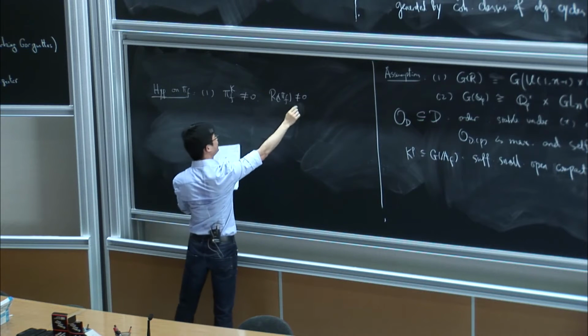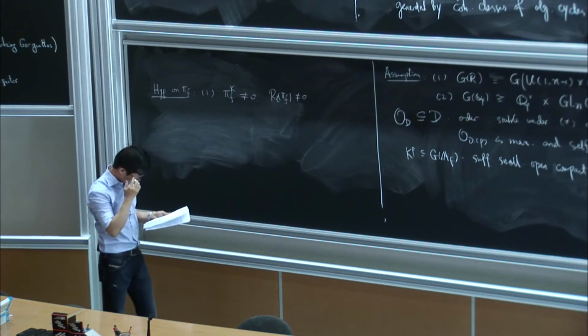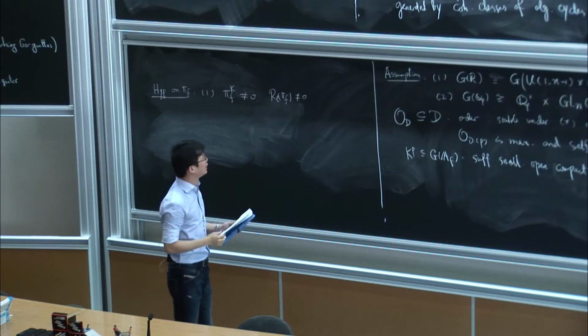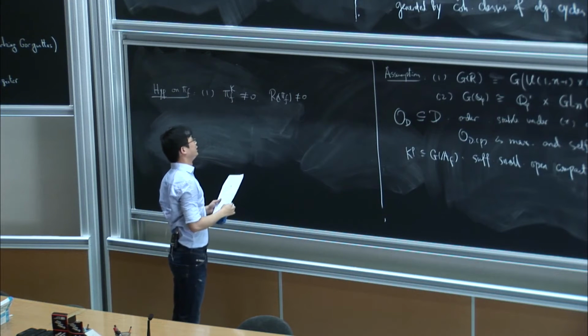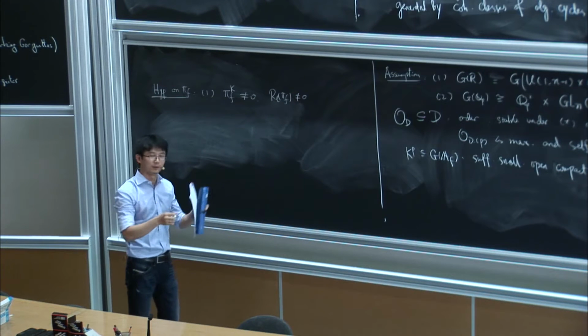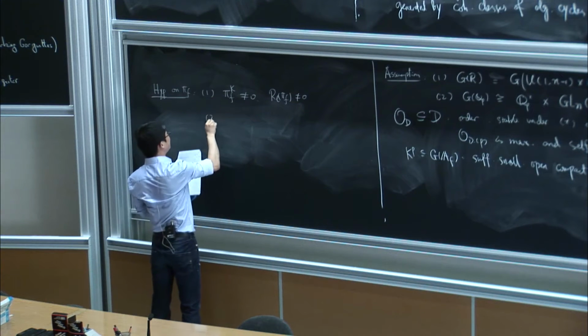So the second condition can be interpreted in terms of the classical Galois cohomology of automorphic representations.